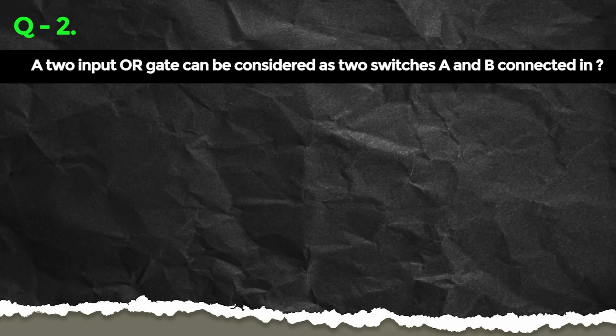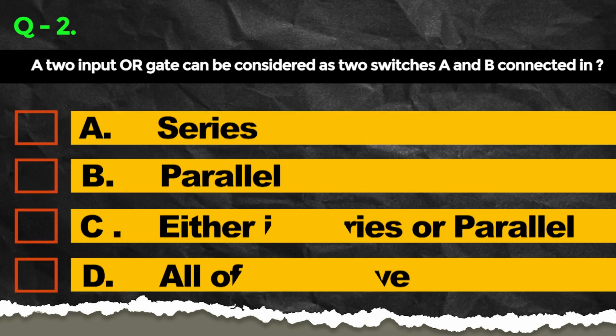Next comes, a two input OR gate can be considered as two switches A and B connected in, the four options are series, parallel, either in series or parallel, or all of the above.